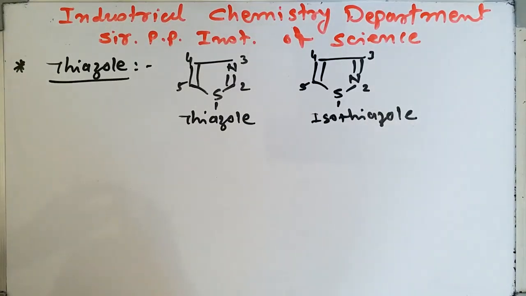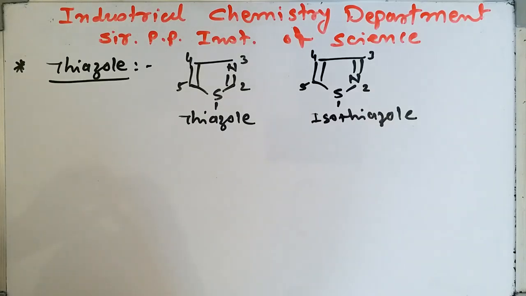So according to the position of the second heteroatom, nitrogen at position 2 is known as isothiazole, and if nitrogen is present at position 3, it is known as thiazole.